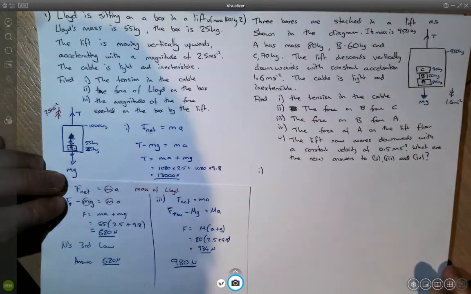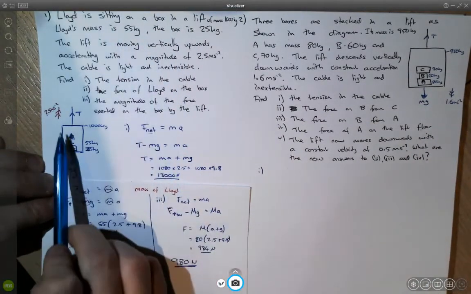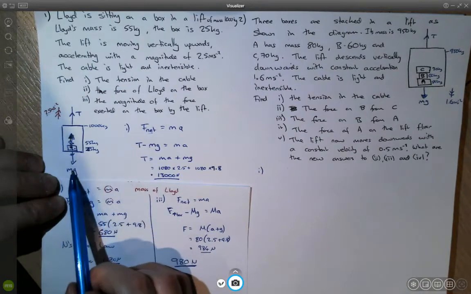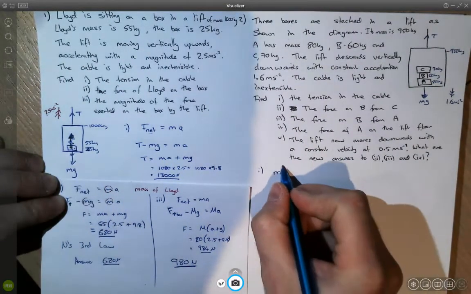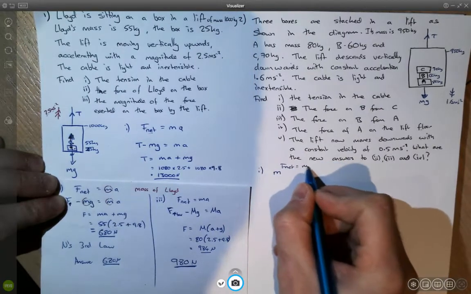So in these examples here, it's going up, and we've always said it's the tension minus the weight, but here it's going down. So we need to make sure the resultant force is expressed correctly.